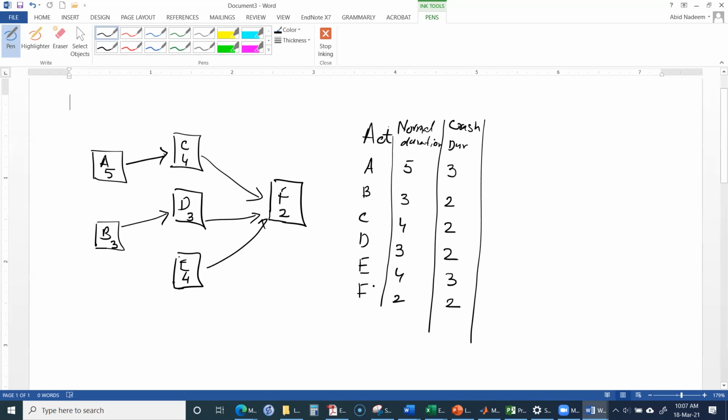All these are our assumptions, and the normal duration and the crash duration depend on the type of the activity. For activity F, we have assumed that it cannot be reduced. There may be some activities like that as well. And corresponding to this normal duration and the crash duration, we have the normal cost.